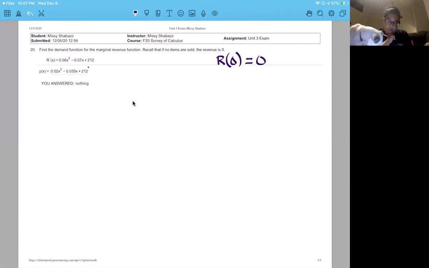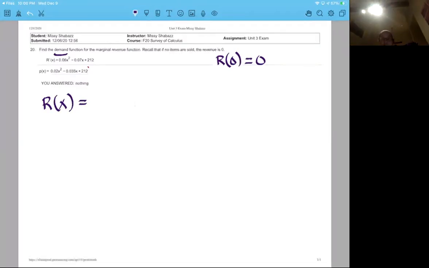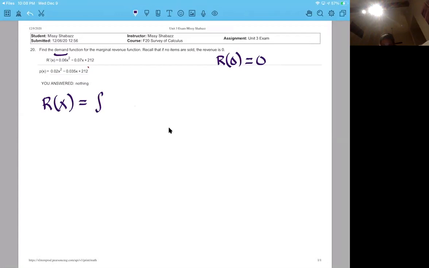They want me to find the demand function, not the revenue function, but they gave me the marginal revenue function. So I can find the revenue function by integrating the marginal revenue function.